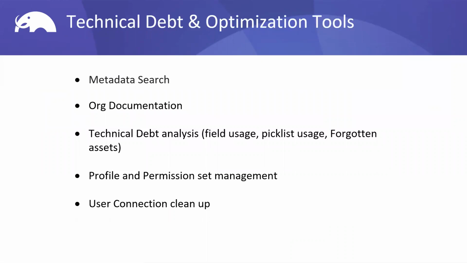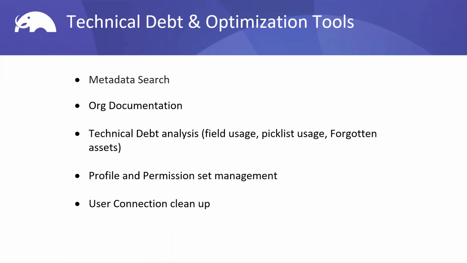So let's talk a little bit about some of the things we're going to hit on today about technical debt and optimization. We're going to talk about searching your metadata to understand how it's structured. We said this on the last slide, but we're also going to show you various ways to document the structure of your org.